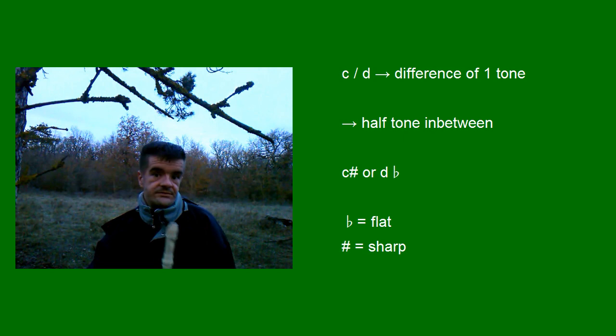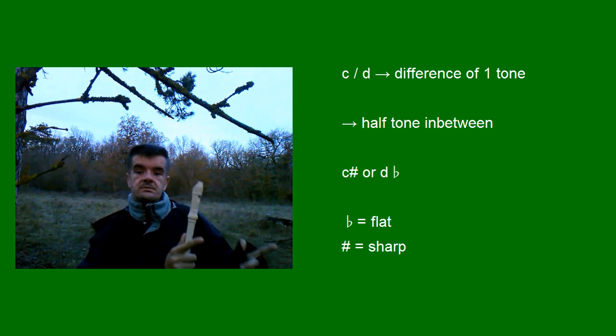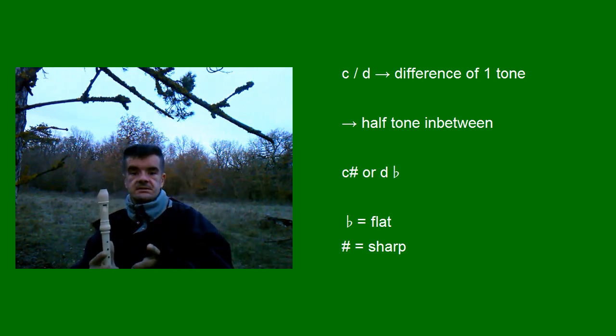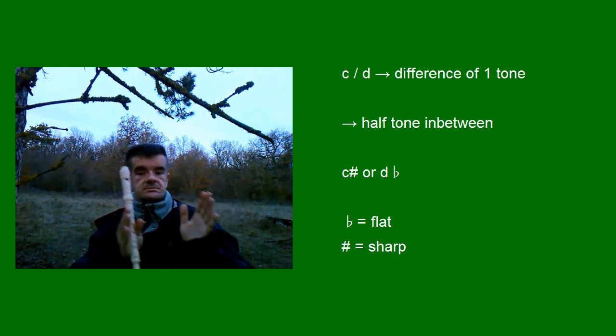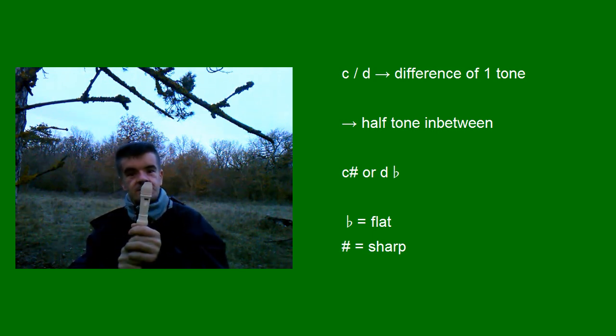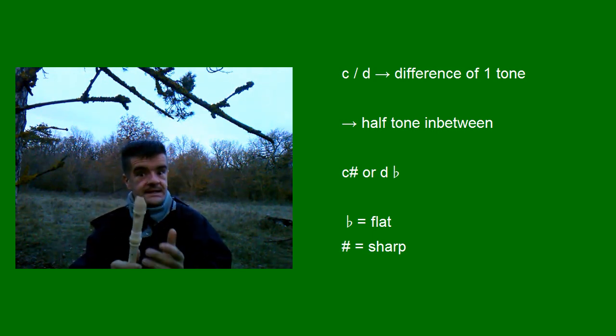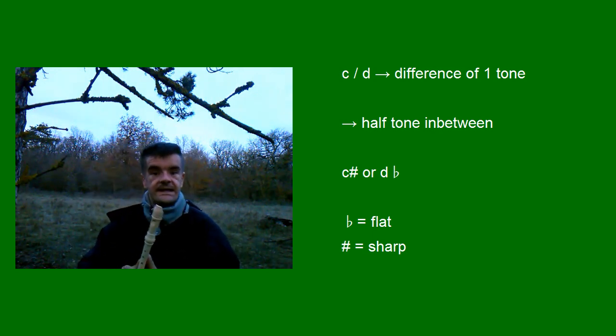In the other case, if you do it the other way around, it would be C sharp. You take the lower note and add sharp, or you take the upper note and add flat. Once again, the note between C and D can be called C sharp or D flat.